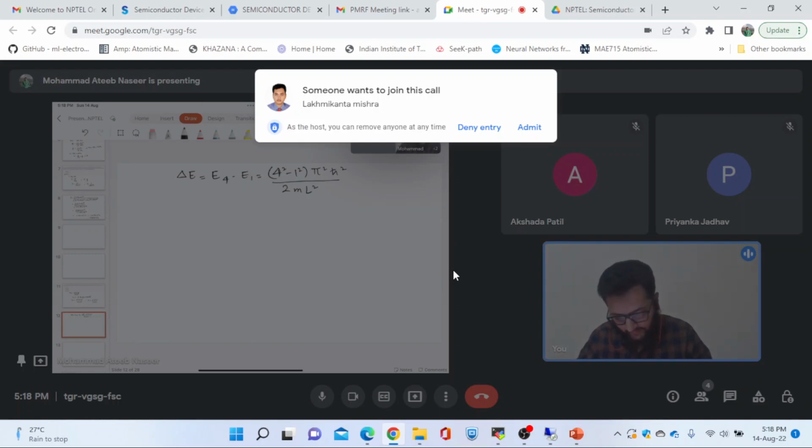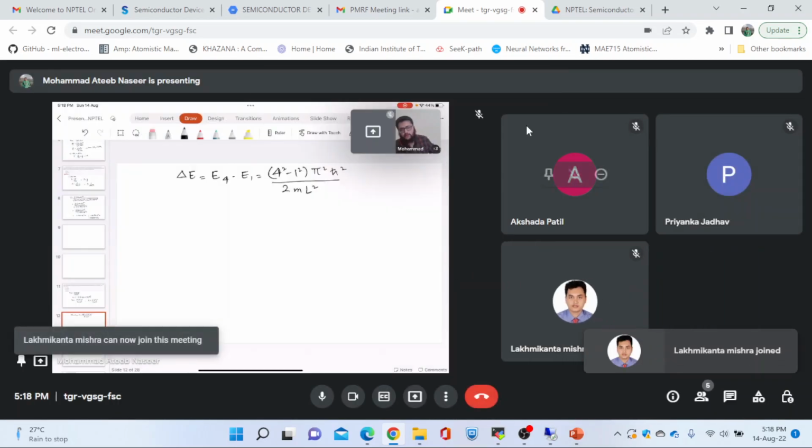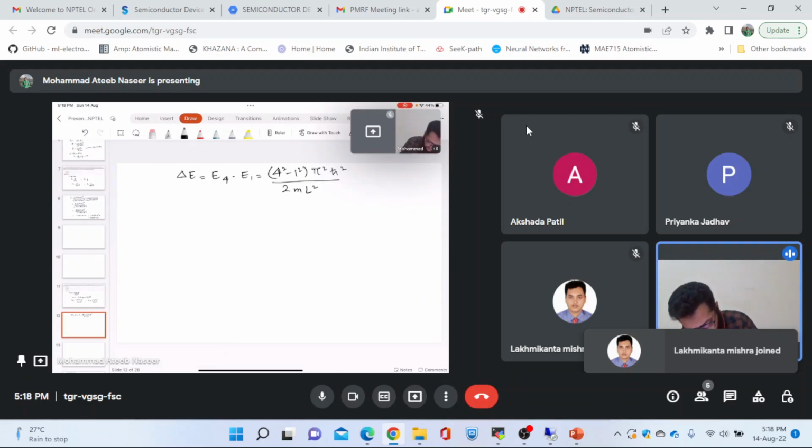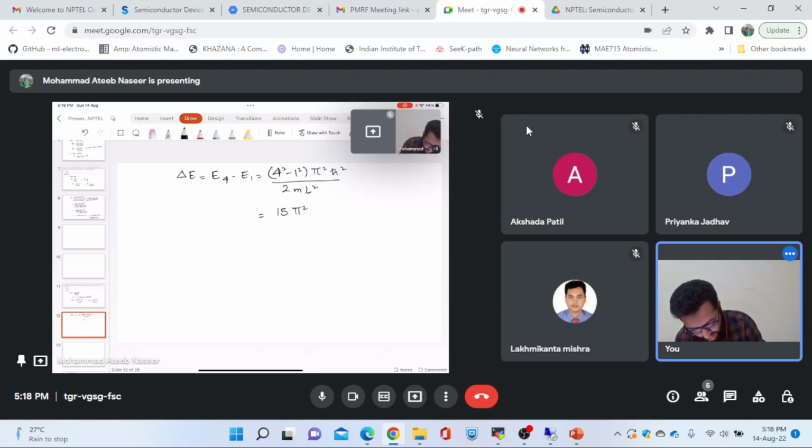So we have seen that by simply transiting from the fourth energy state to the first energy state, we have got the energy difference. This difference will simply be equal to 16 minus 1, which is 15 pi squared h bar squared by 2mL squared.